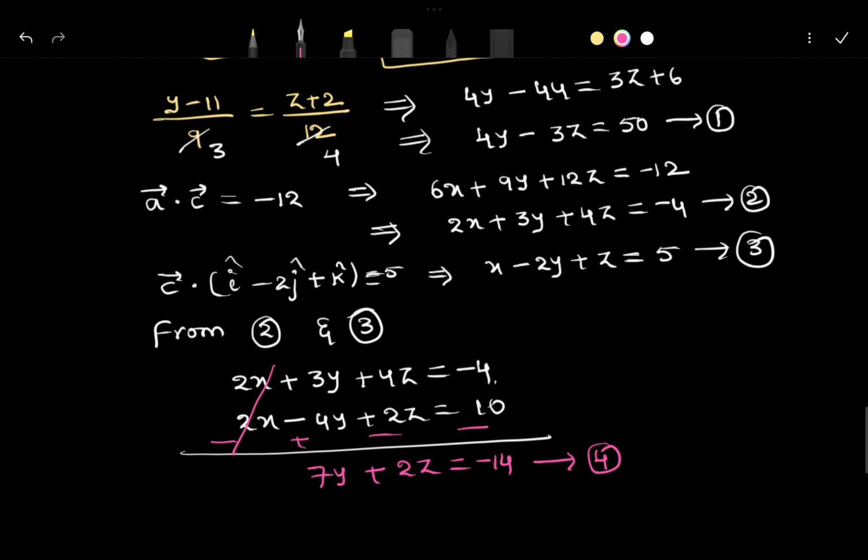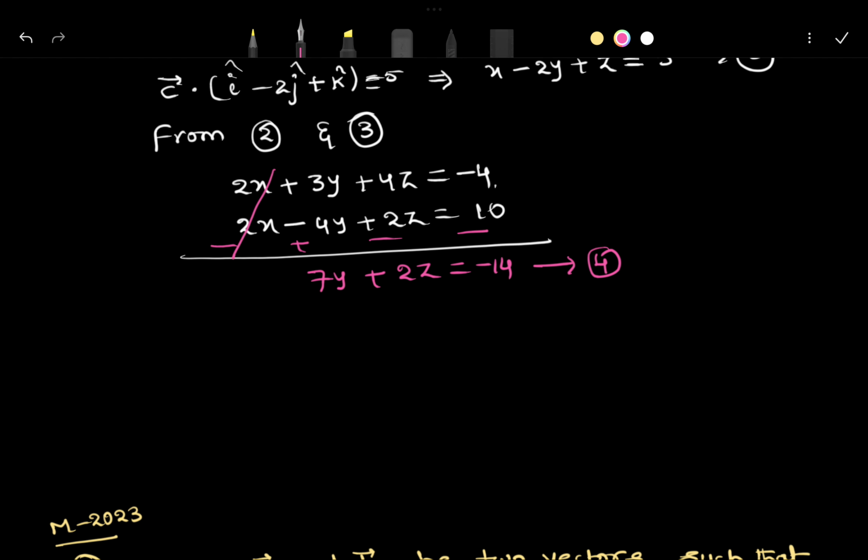Already in terms of y and z, equation 1 is there. So from 1 and 4, if you solve it, here is 7y plus 2z is equal to minus 14. This is one equation.